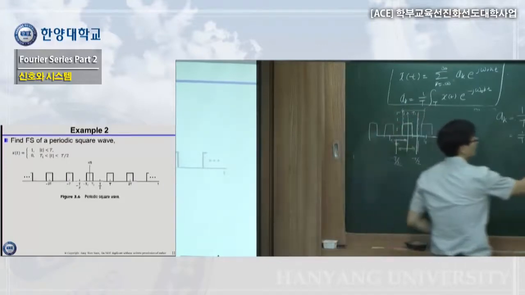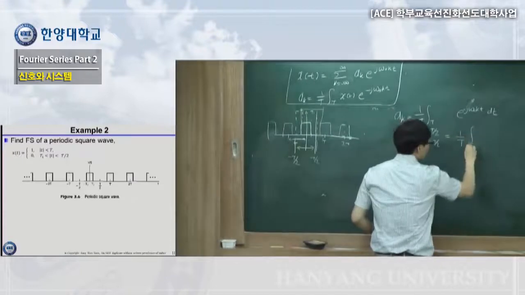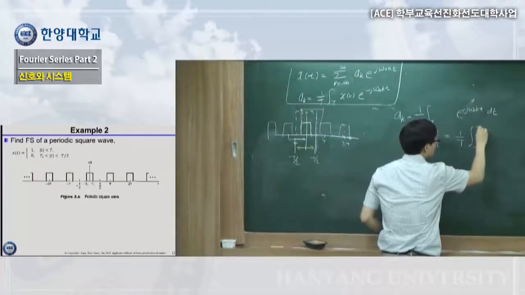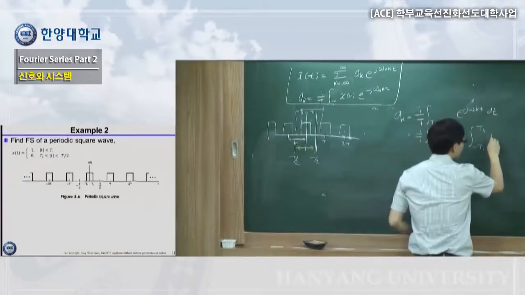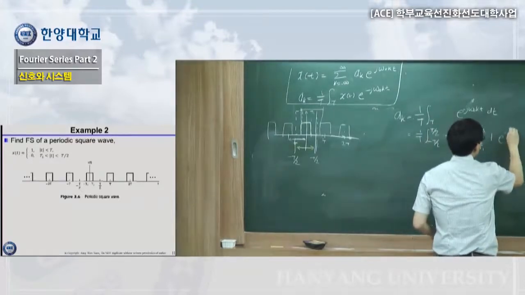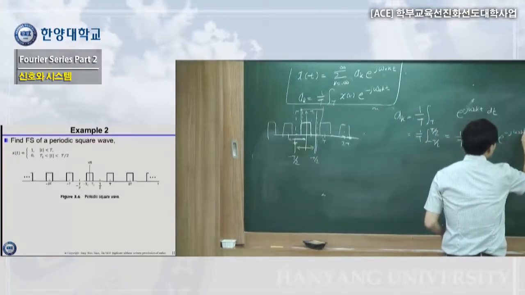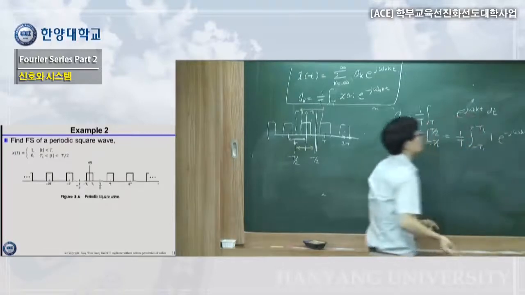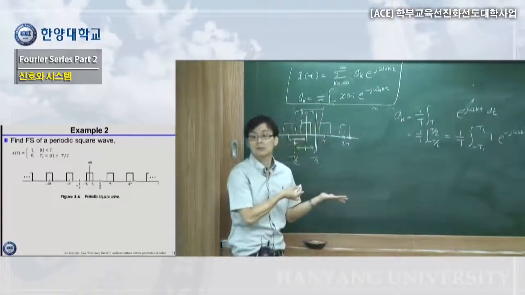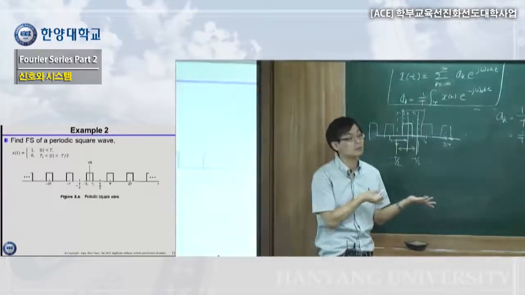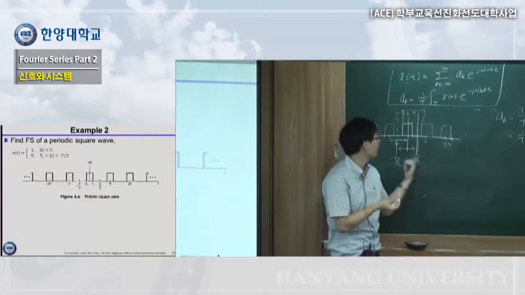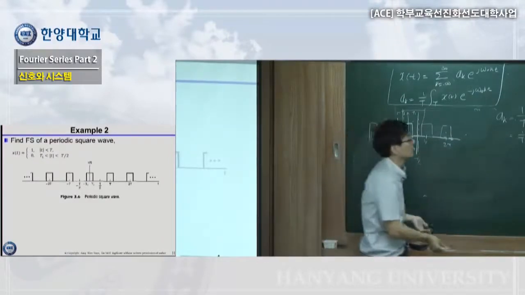So we can consider this to be one period from minus T1 to T1. It becomes the integral of 1 times exponential minus j omega 0 k t dt. Other than that, they are 0, so we don't have to consider it.